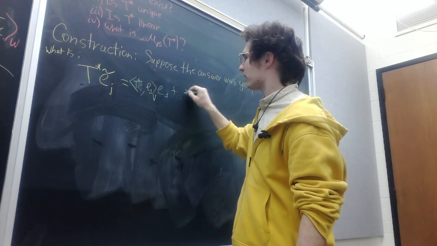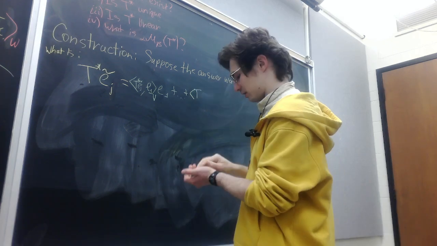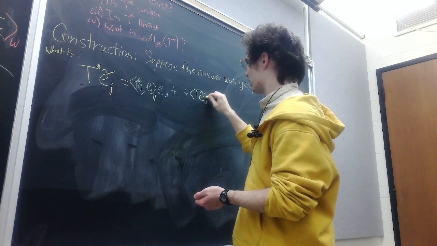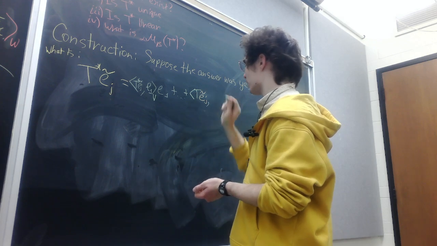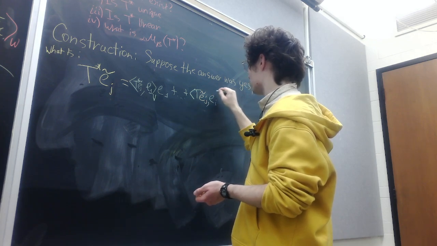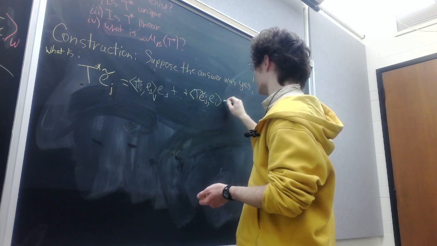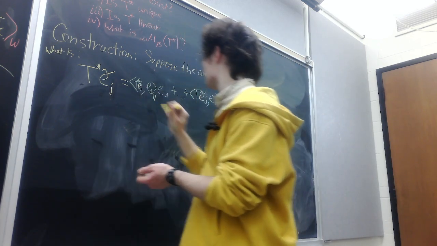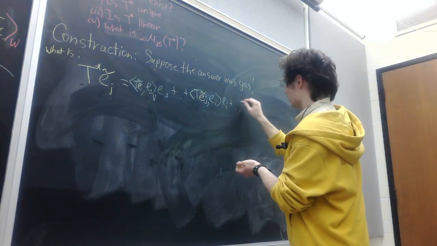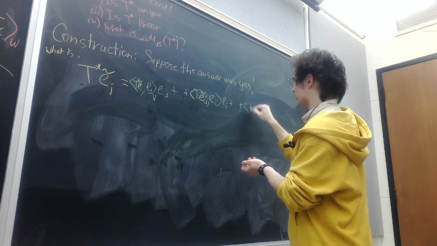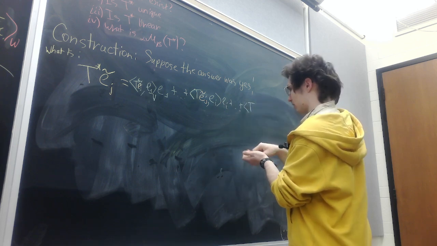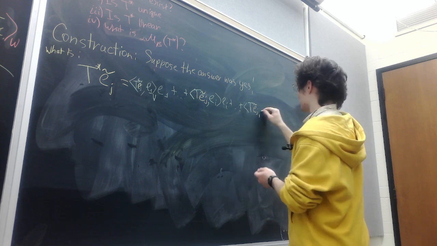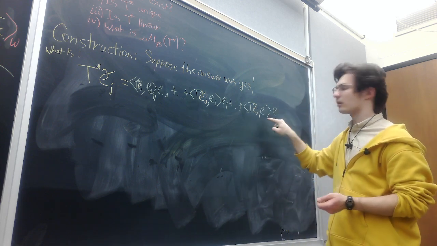So plus dot dot dot plus the inner product of T E tilde J with E I, plus dot dot dot, plus the inner product of T E tilde J with E, what's the index on the last E?